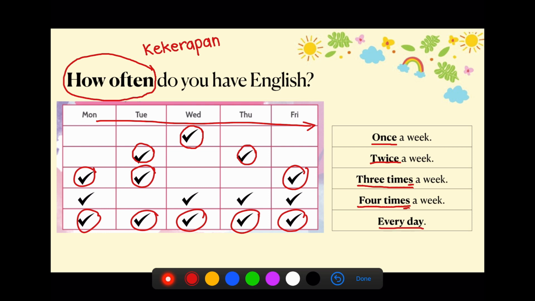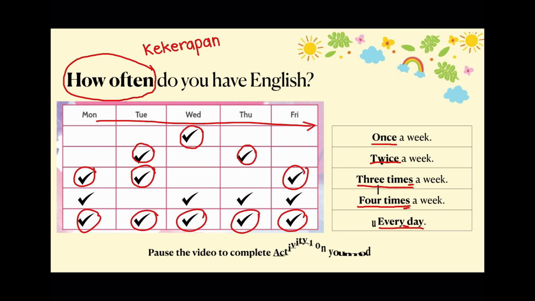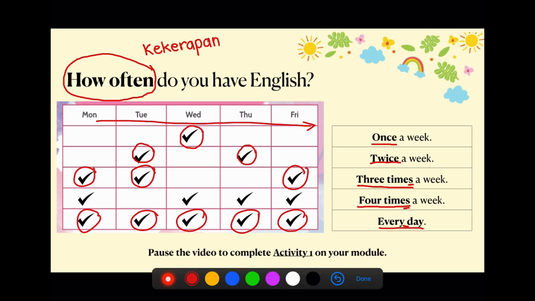Every day ada jarak dekat tengah. Dia bukan dekat. We repeat again: once, twice, 3 times, 4 times, and every day. Let's pause the video to complete activity 1 on your module.